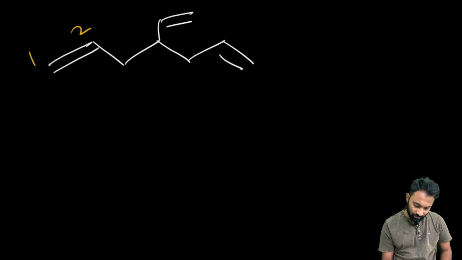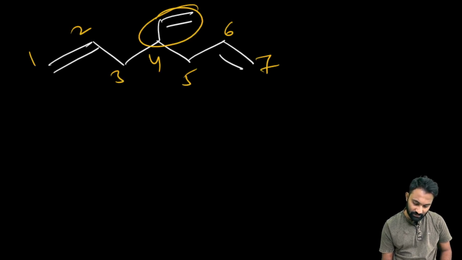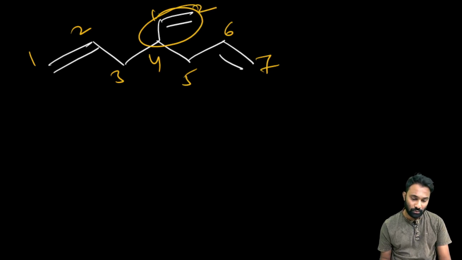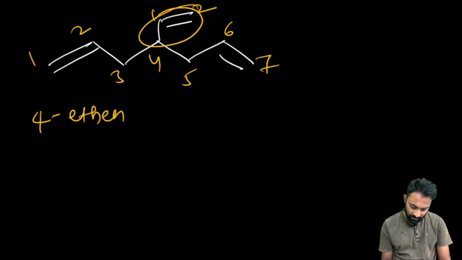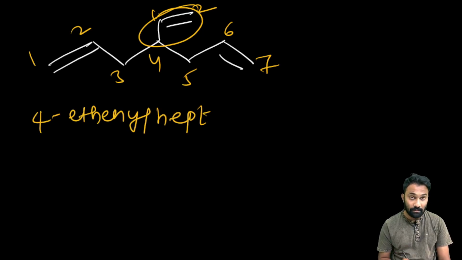Now give the numbering 1, 2, 3, 4, 5, 6, 7. Now this is a substituent, right? Which substituent is this? At position 4, it is 4-ethenyl. How many carbons are we having?